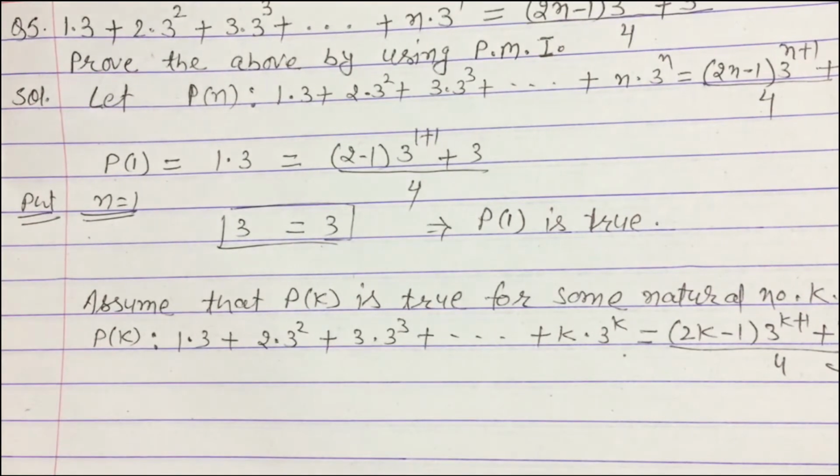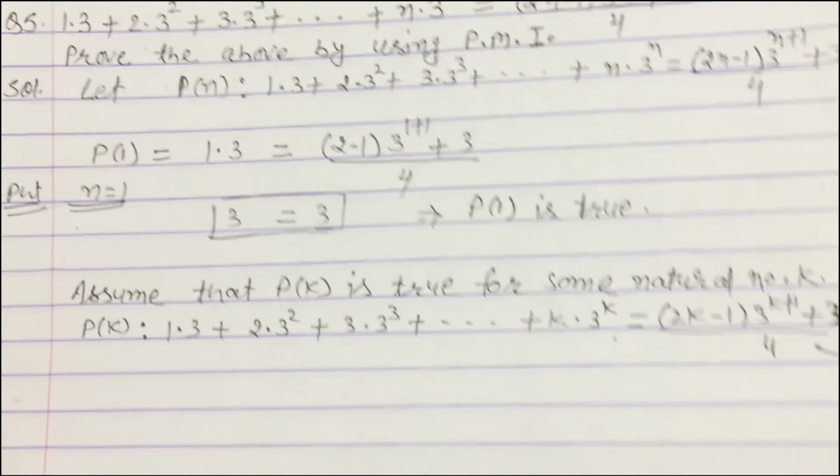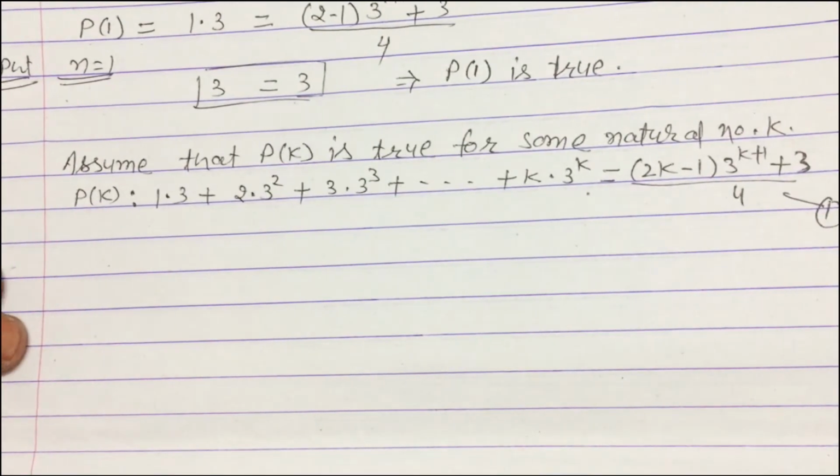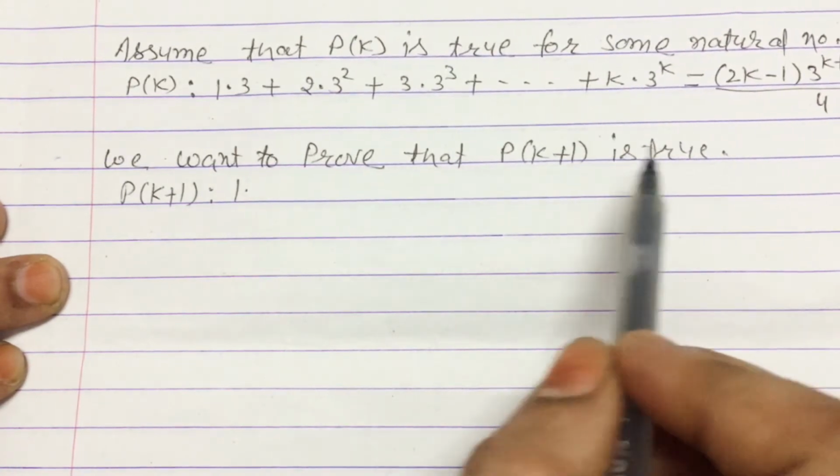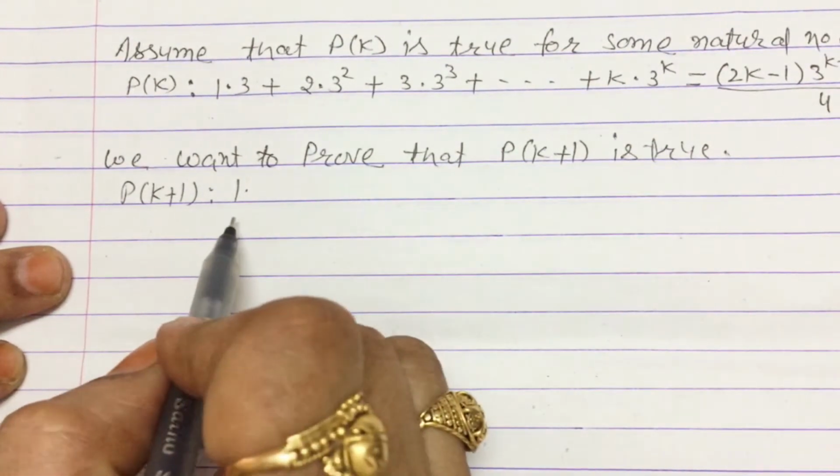Now move to the third step. Okay, the third step is we want to prove that Pk plus 1 is true. So write Pk plus 1.